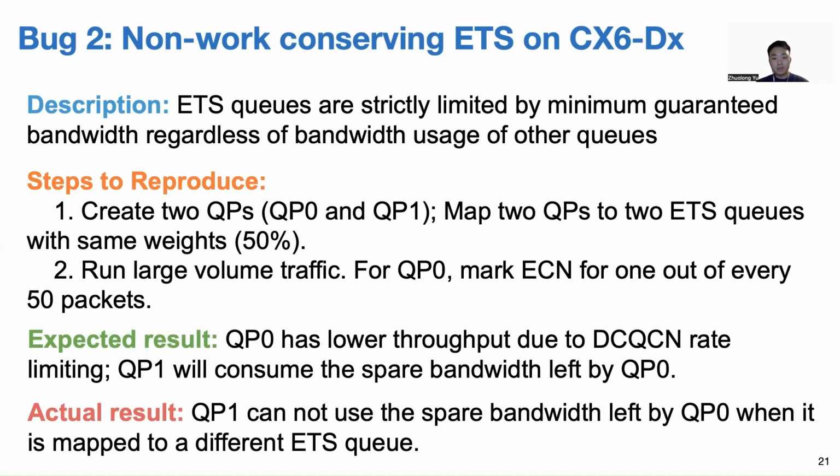Ideally, the first connection will have lower throughput because of DCQCN rate limiting, and the other connection can consume the spare bandwidth left. However, our experiment shows that the second connection didn't use the spare bandwidth, and the total throughput is much lower than the link bandwidth.